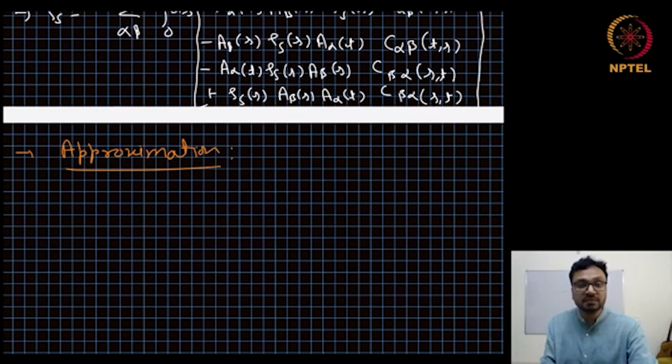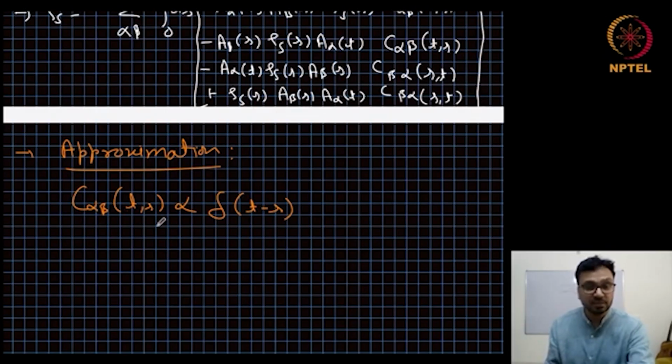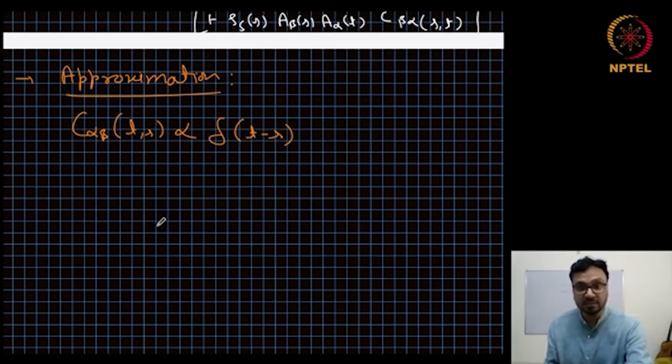The first approximation we have is that C alpha beta (t,s) is proportional to delta(t minus s). It's a delta function. What it means is that it's an uncorrelated bath. It means the correlation in the bath operators at time t and at time t prime or s is 0. So the correlation we can see only when the two operators are at the same time.